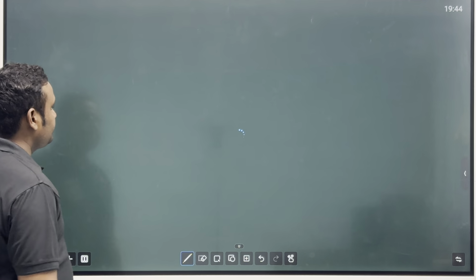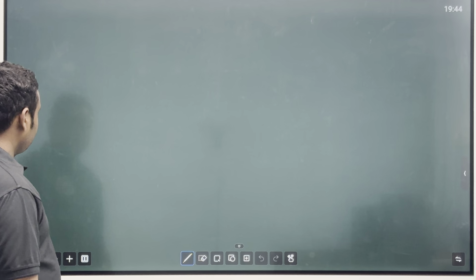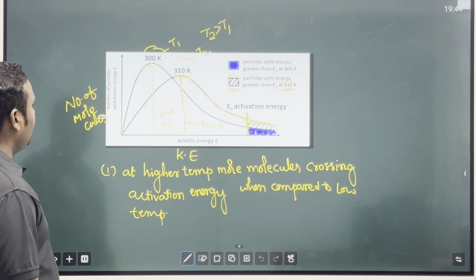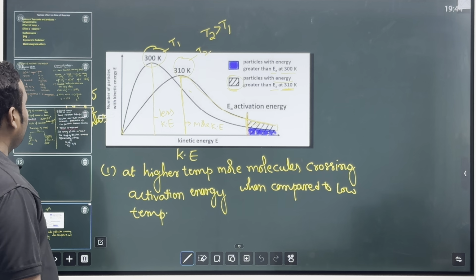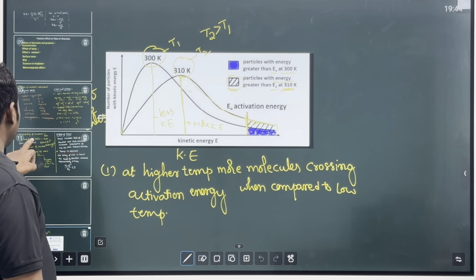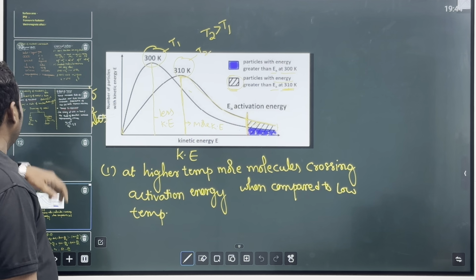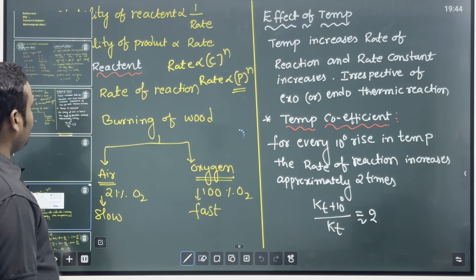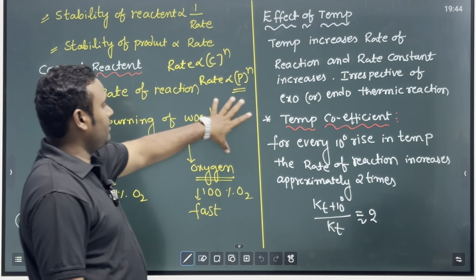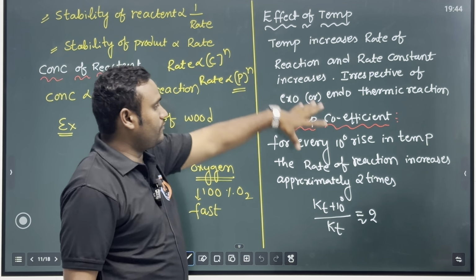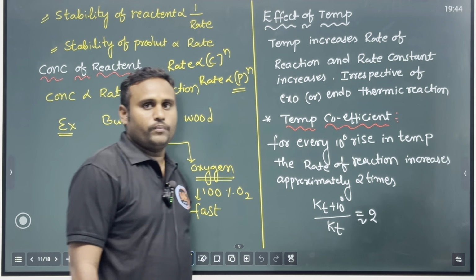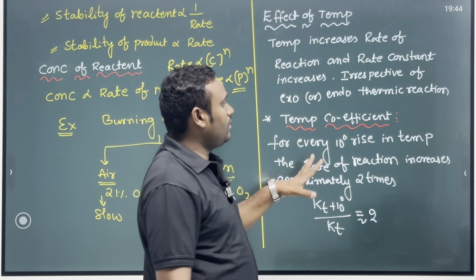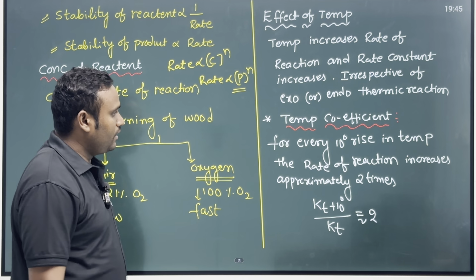Next, I explained the effect of temperature. After concentration, as temperature increases, rate of reaction also increases, irrespective of exothermic or endothermic reactions.